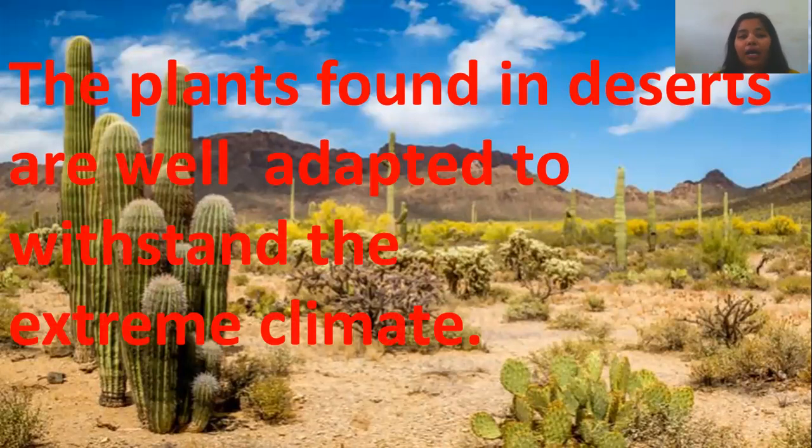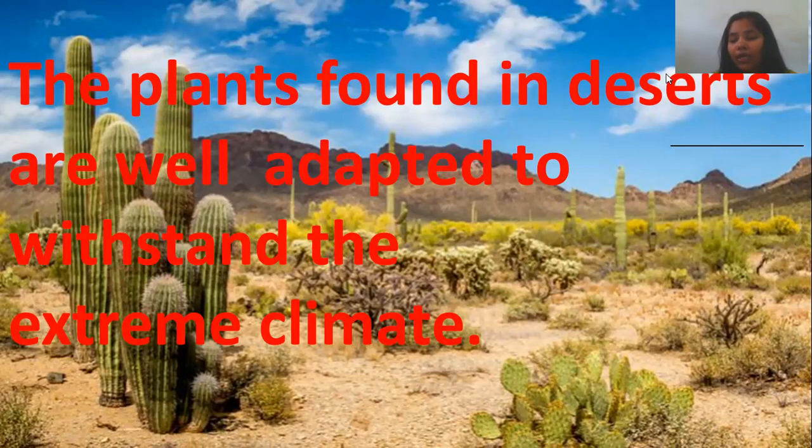The plants found in deserts are well adapted to withstand the extreme climate. That means the plants that grow in desert areas have special features that help them survive, right? Some of those features are that they have a long root system that goes deep inside the surface in search of water.